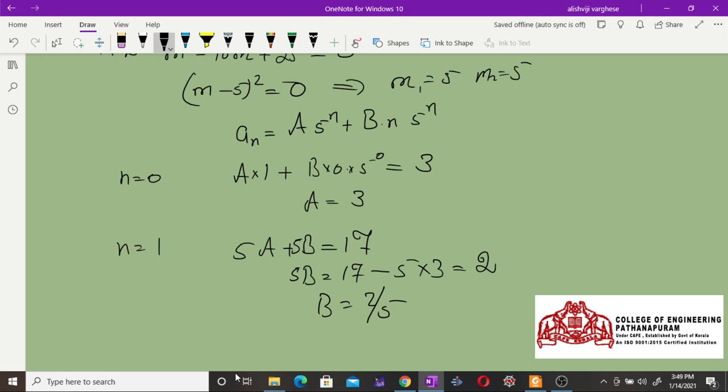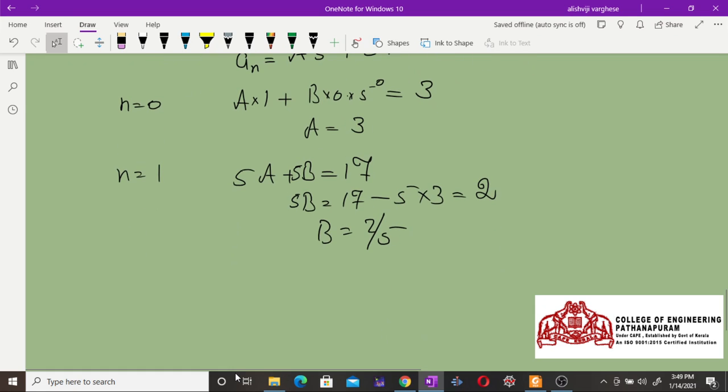So a is equal to 3 and b is equal to 2 by 5, and therefore the solution is of the form an is equal to 3 into 5 raised n plus 2 by 5 into n into 5 raised n.